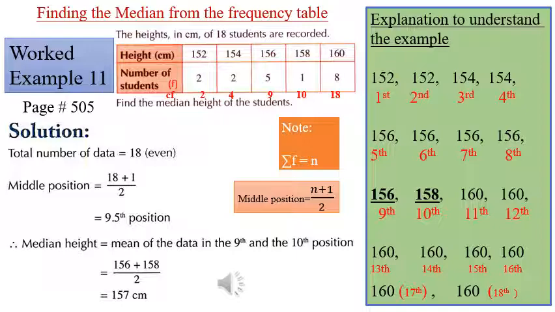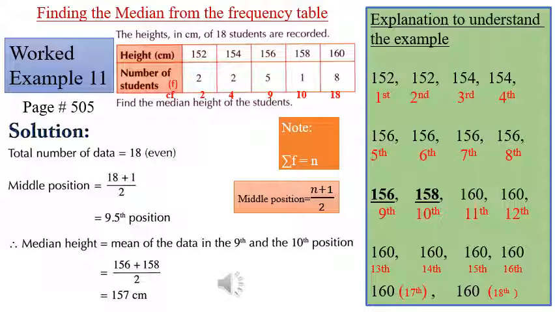On the first position there is 152, on second 152, on third position 154, on fourth position 154. So the cumulative frequency of 154 is 4. So at the fourth position 154, and for 156 the cumulative frequency is 9. So from position 5 to position 9 there is 156.